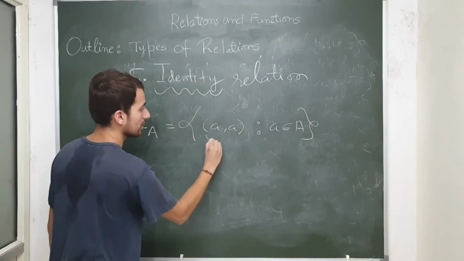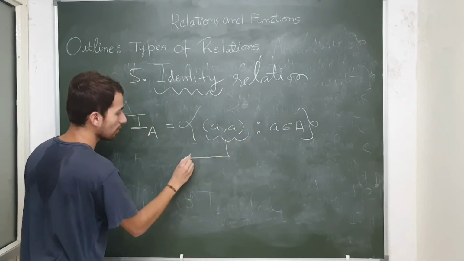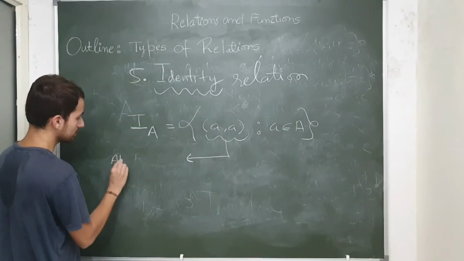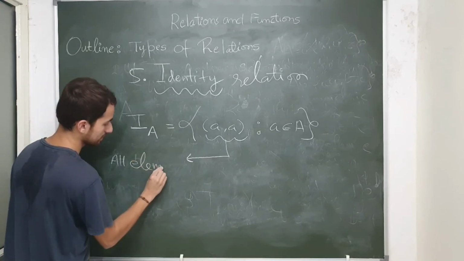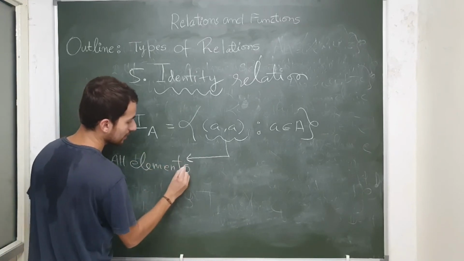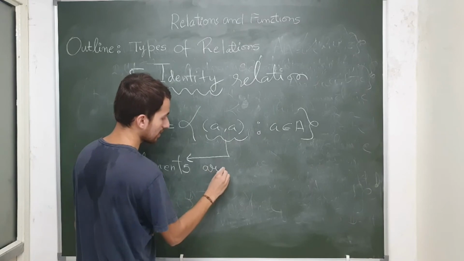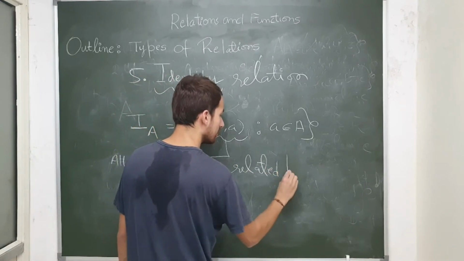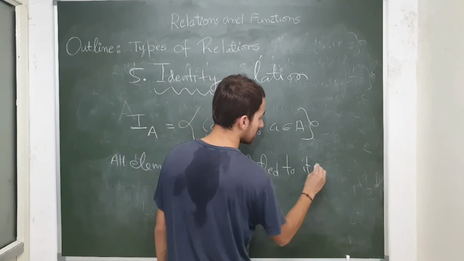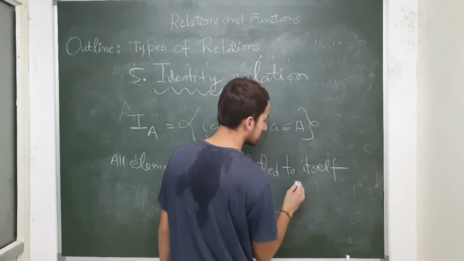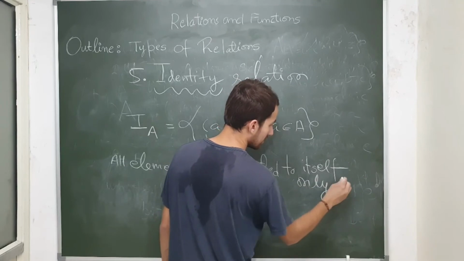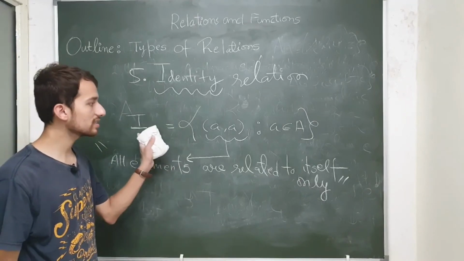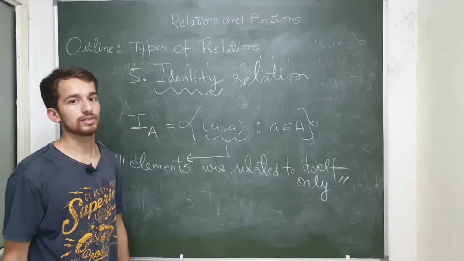What it means is that these are ordered pairs in which all elements are related to itself only. Fine? So this is the intuition and the definition of an identity relation.